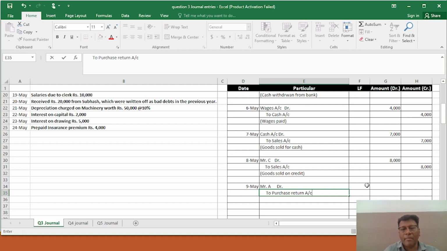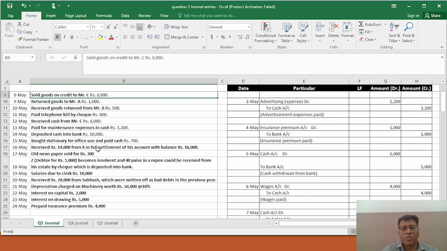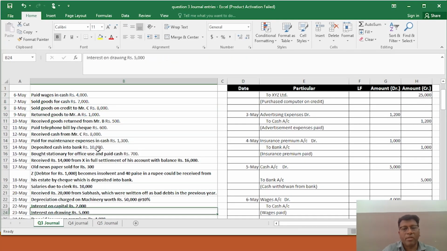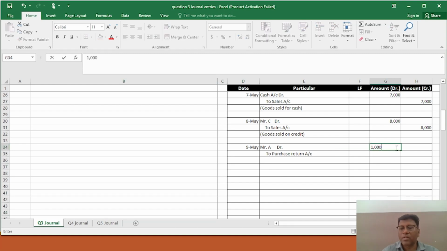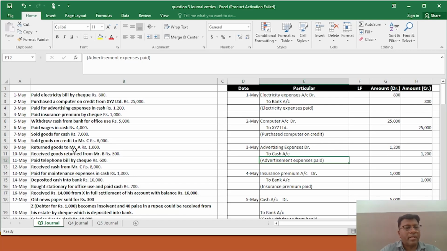So Mr. A debit to purchase return. And what about the transaction value? Return goods to Mr. A rupees 1000, so you have to mention the value, rupees 1000. And the narration: goods returned to Mr. A. That was the particular transaction.